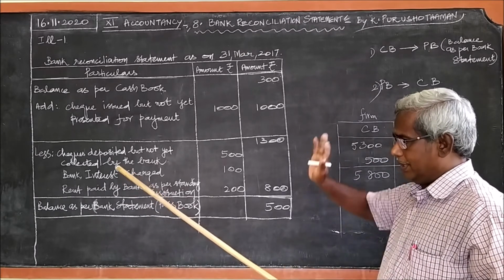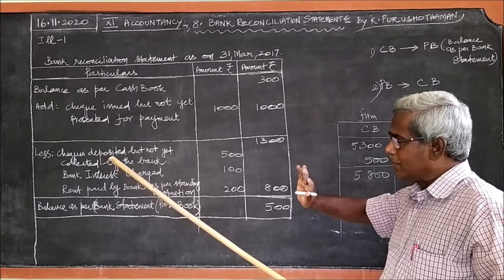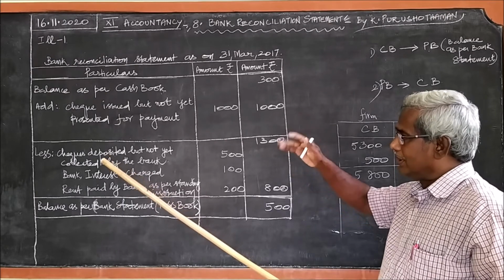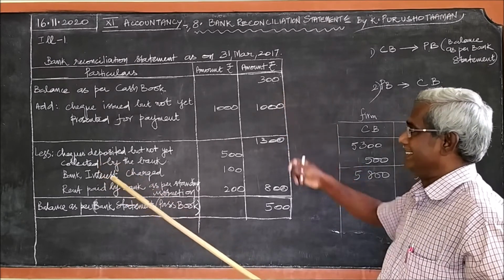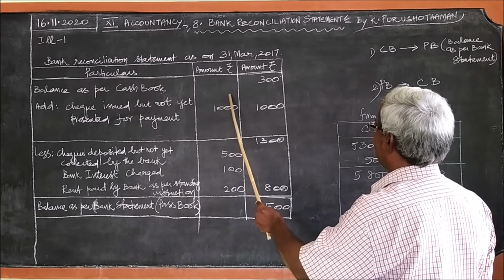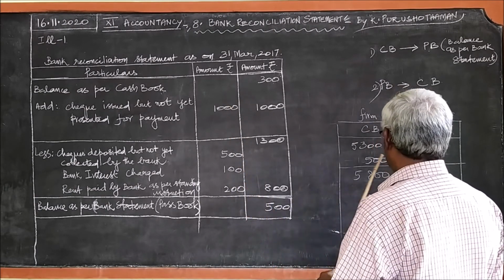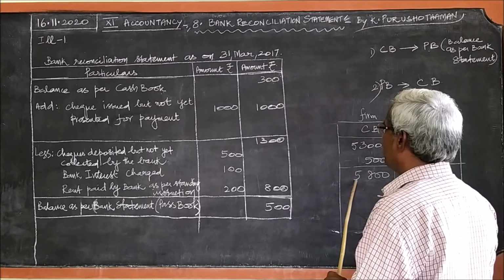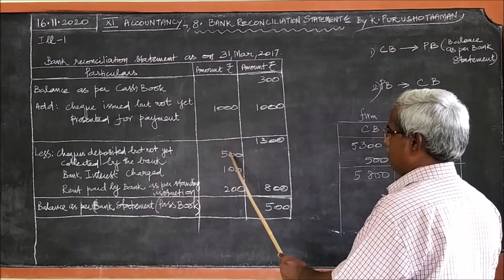If the balance is decreased because of the transaction, then to increase, add. So here it decreased, therefore to increase we add. Here it increased, therefore to decrease we minus.